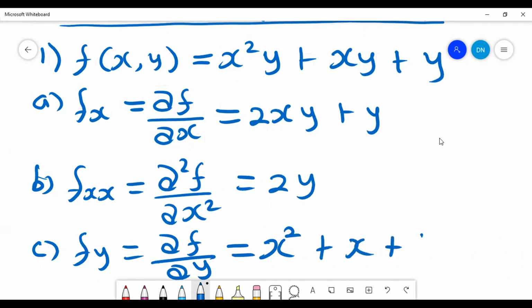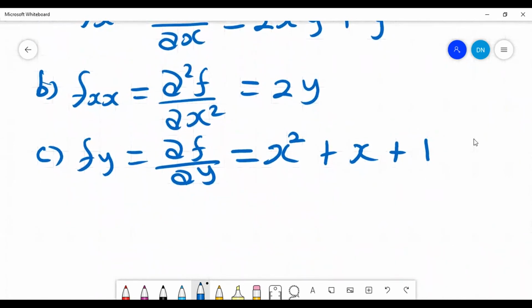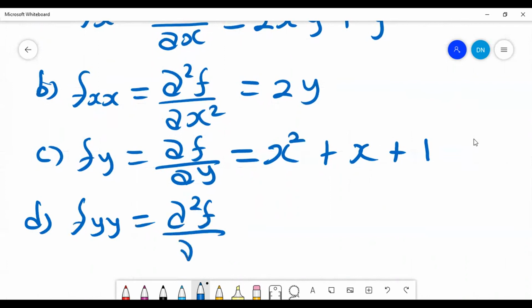And then plus y, if I differentiate y, I'll be left with 1, because the derivative of y is 1. So what you are doing is you are treating one of them like a constant, but it is not. And then the second derivative that we have, which is d squared f over dy squared, will definitely be equal to 0.